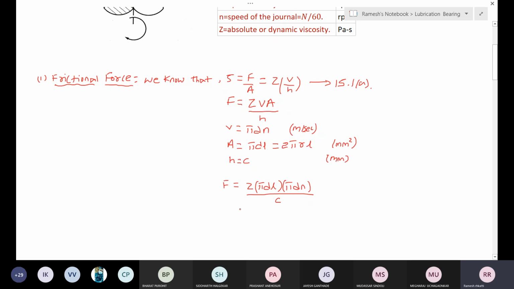This will be equal to pi square d square L n into Z divided by c.